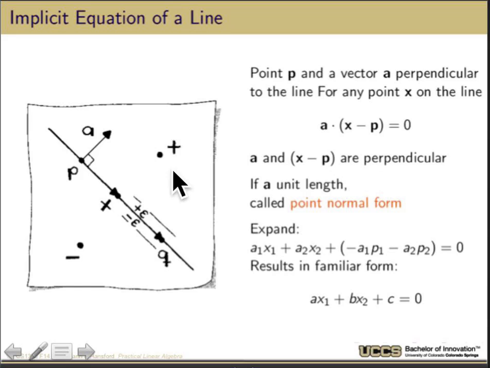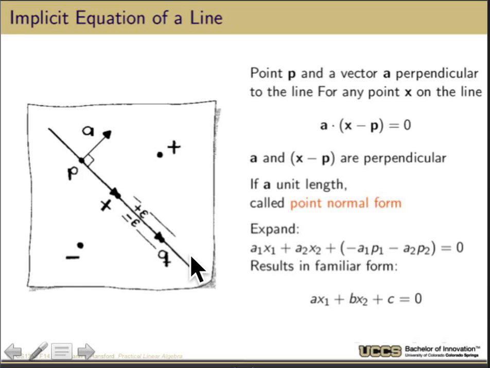And in this representation, a is normal to the line, so it's perpendicular to the line, and p is some point on the line, x is a point that is being used here. x minus p and a are perpendicular. We know that because their dot product is 0, and as soon as their dot product is 0, the only points that are going to have that property are going to be on this line.